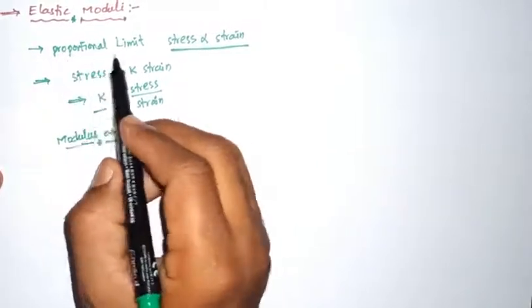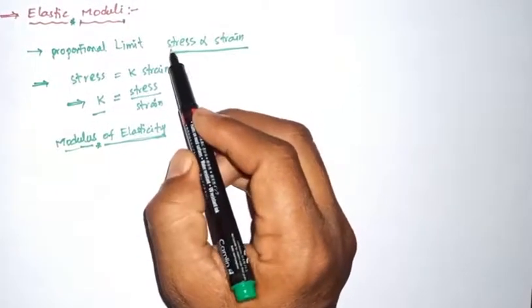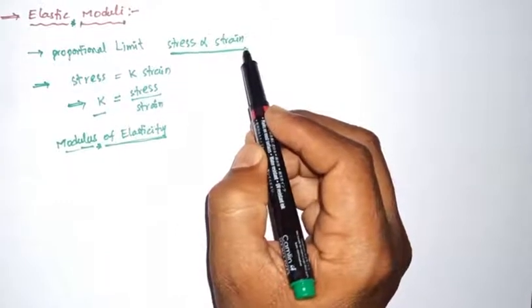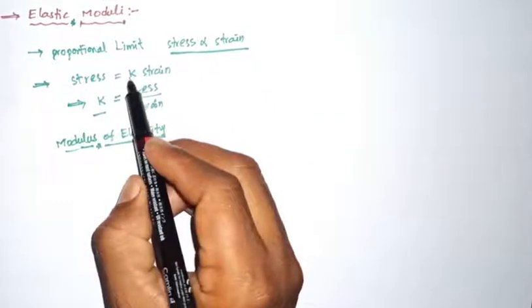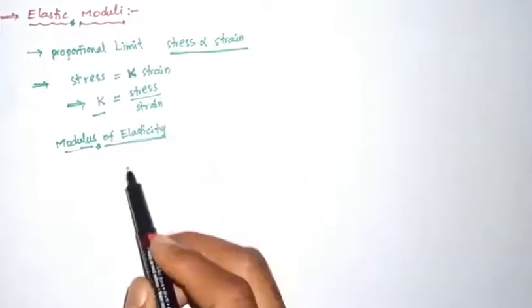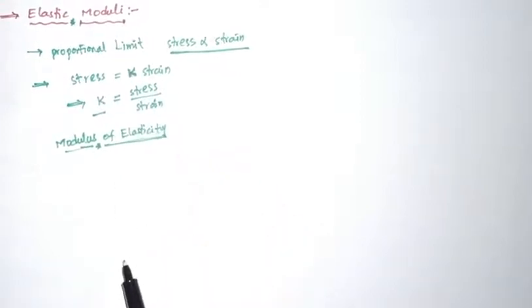In the proportional limit, it obeys Hooke's law, that is, the stress is directly proportional to the strain. Stress is proportional to strain, so we can write stress equals K times strain. So K equals stress by strain.